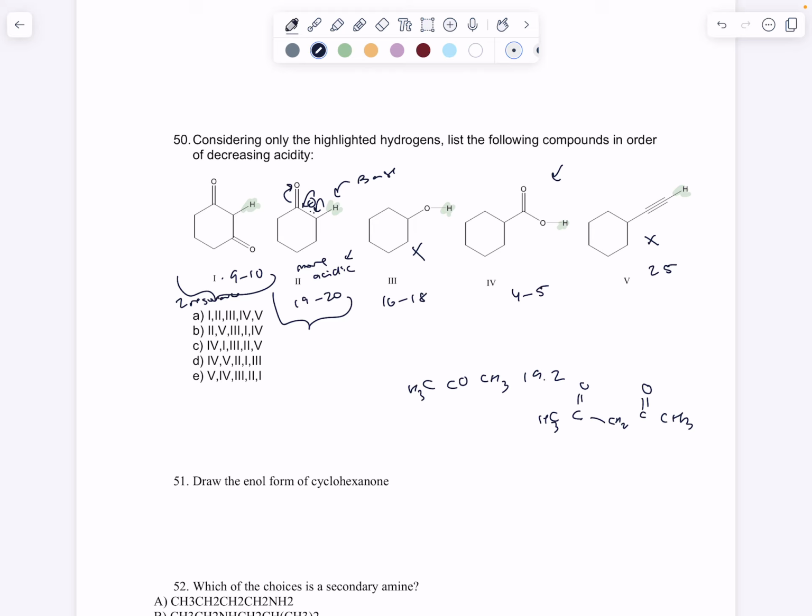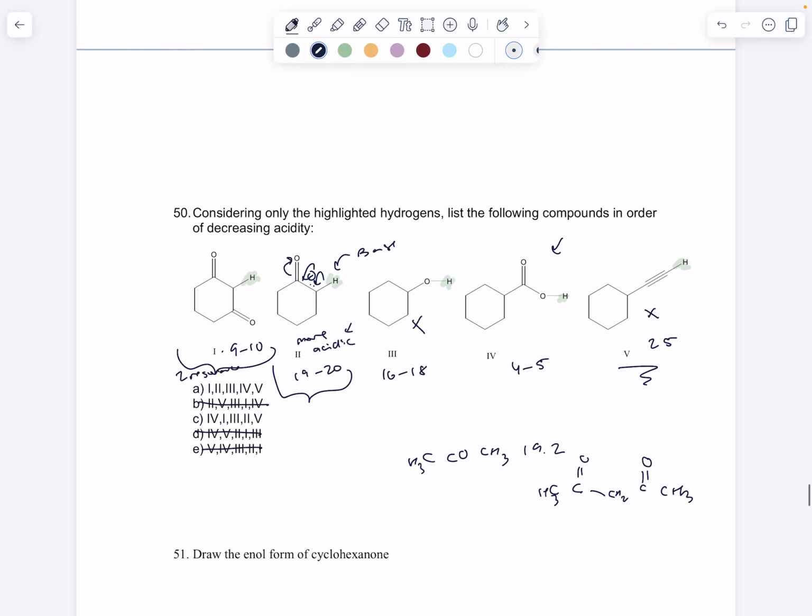So I'm going to say, first things first, is we know that this is the least acidic. So you can eliminate anything that doesn't have 5 as the last answer choice. And that gets you down to A and B already. So even if you didn't have your pKa table to look at, you could get to there. And then the next most acidic thing, if you think the next most acidic thing is carboxylic acid, then you can also eliminate that one.